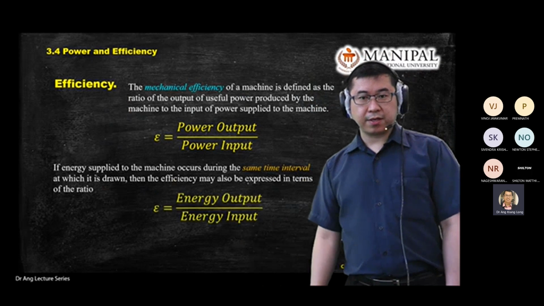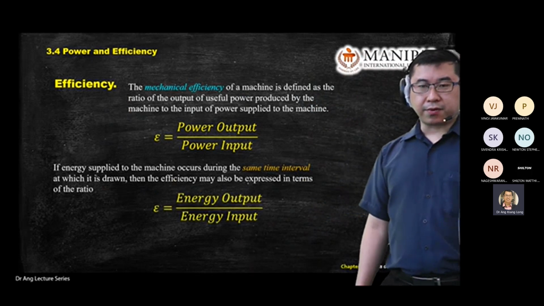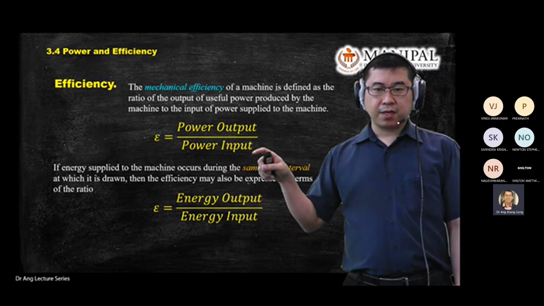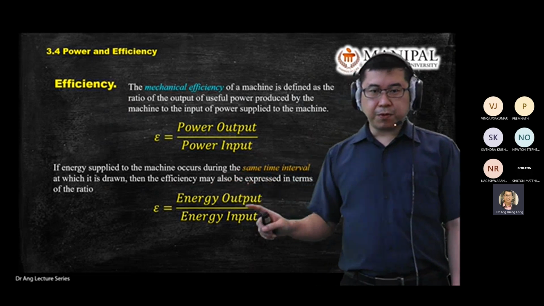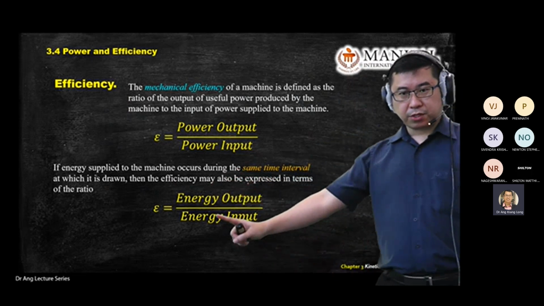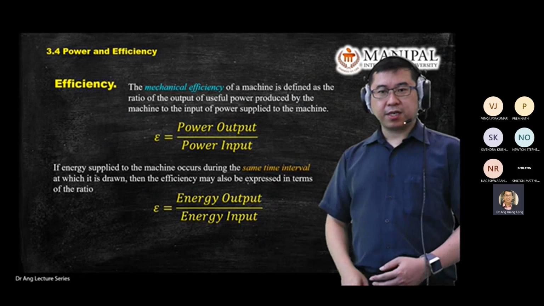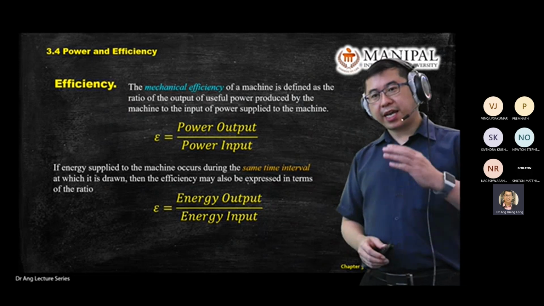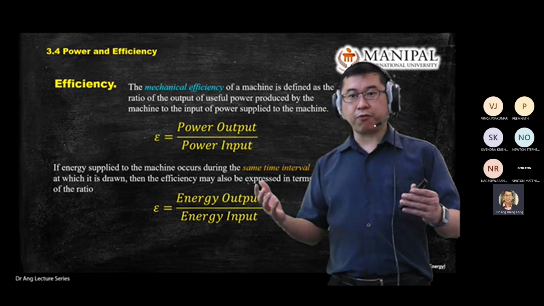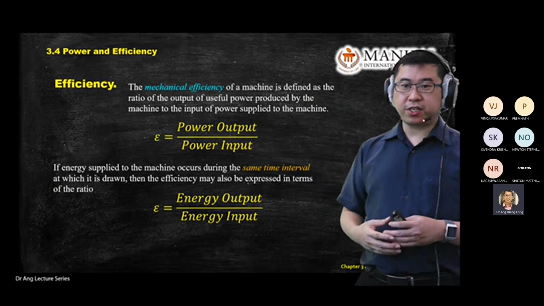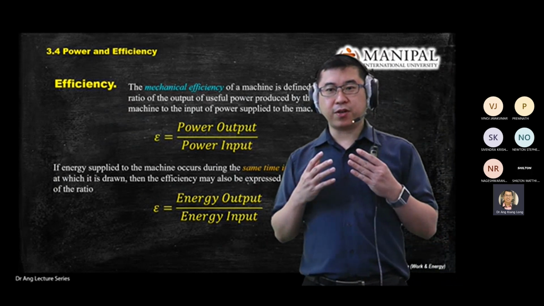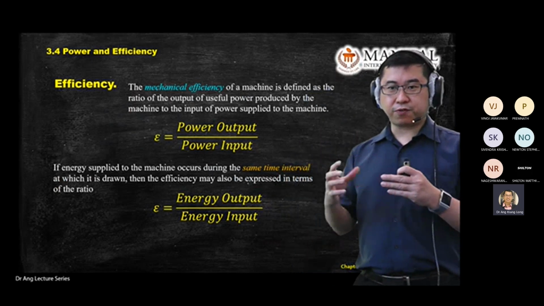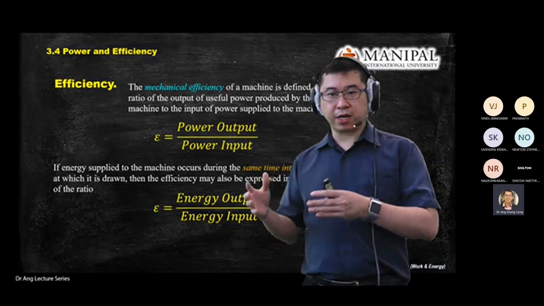The rest you can read here. So power, also similar things. You can also write it as energy output over energy input. Just now, before this, we learned about one kind of energy, which is kinetic energy. And in your physics, you learn that energy has a lot of forms. Conservation of energy states that you cannot create or destroy energy, but you can change from one form of energy to another form.